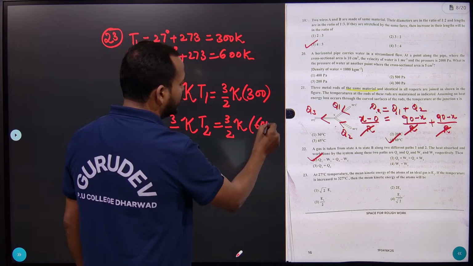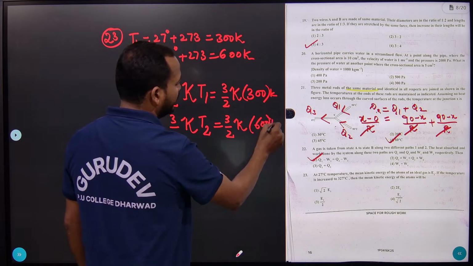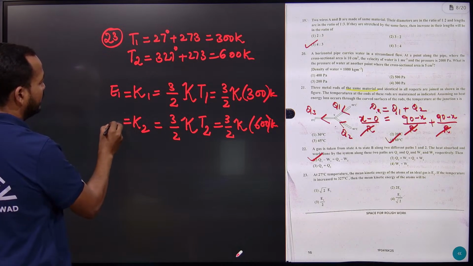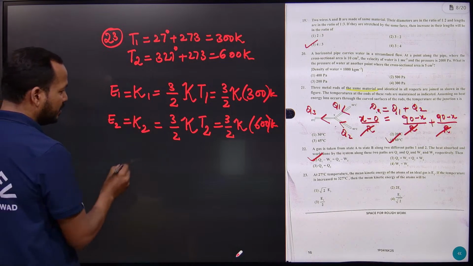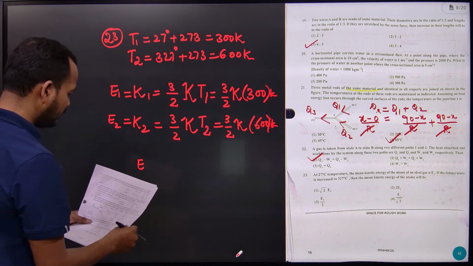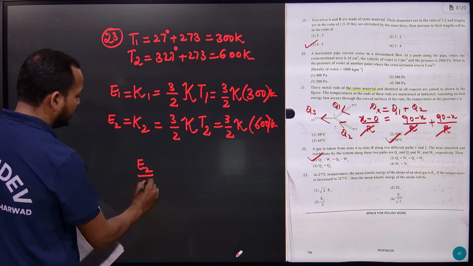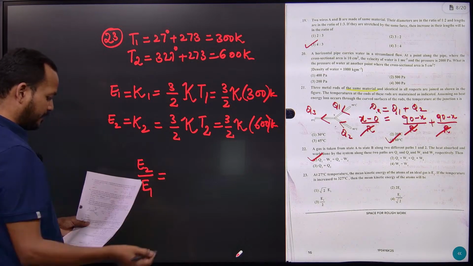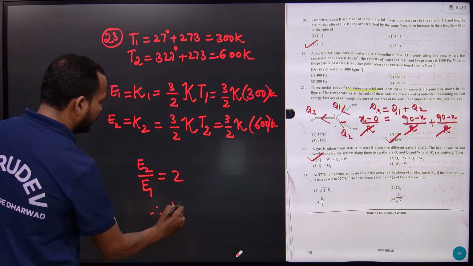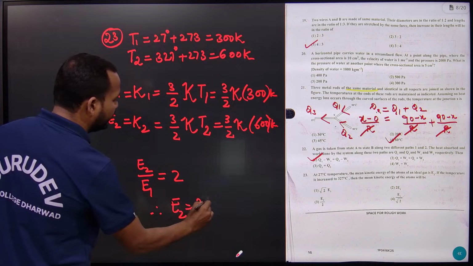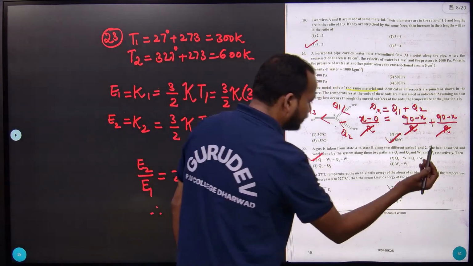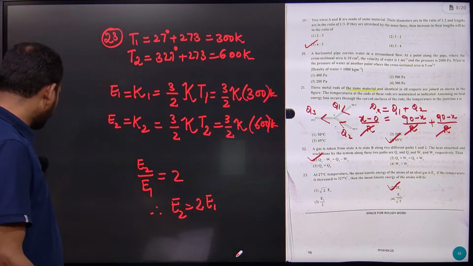Yes, very good. 600 Kelvin. Now I will call this one energy E1 and this one energy E2. Now if you divide them, E2 by E1, then after cancelling, you will get 2. Therefore E2 is equal to 2 times E1. So this is the answer. So answer is second option. Yes. Now we can move to the next question.